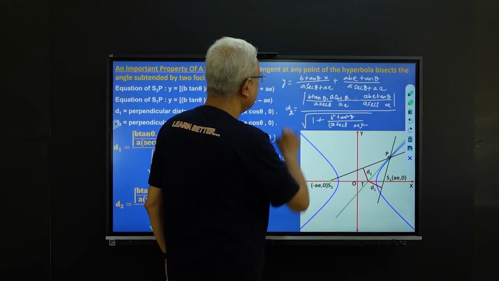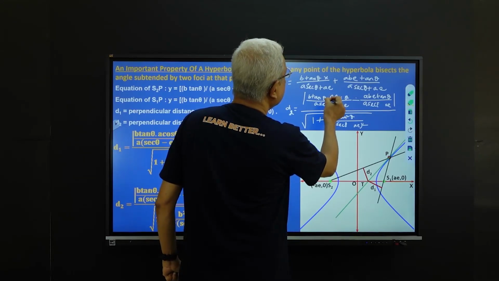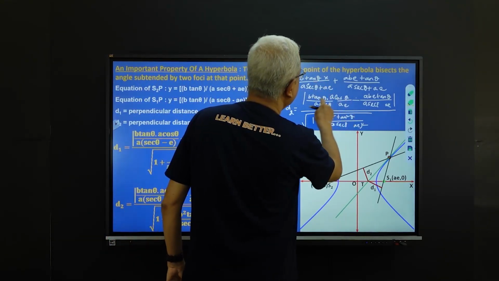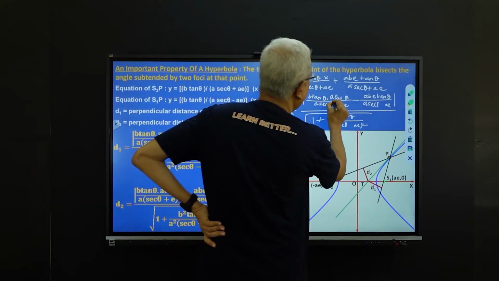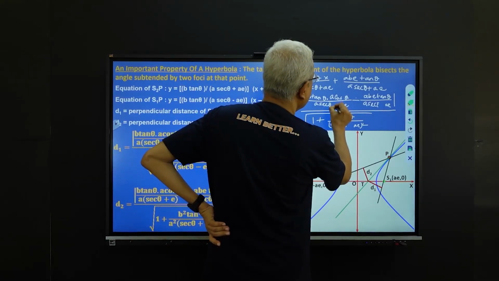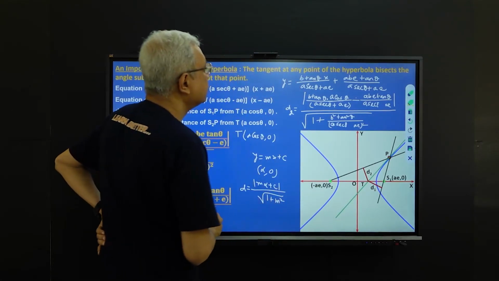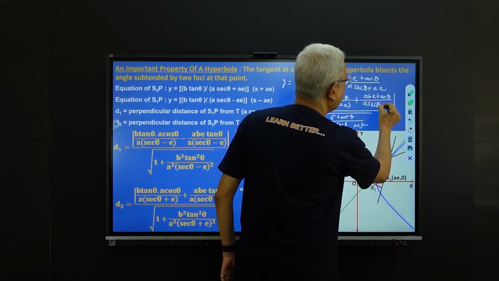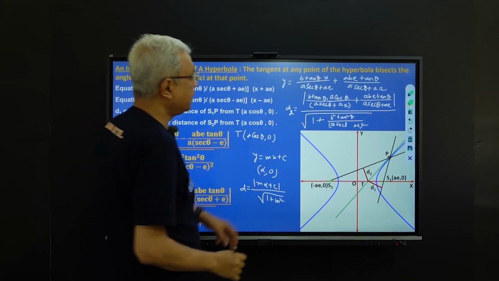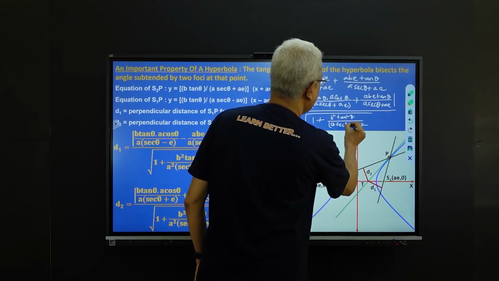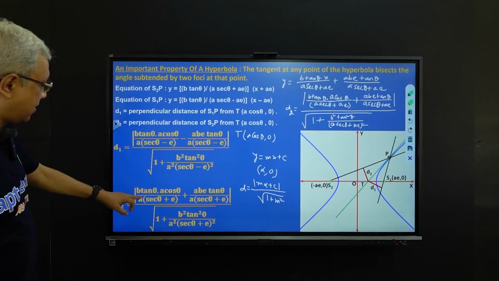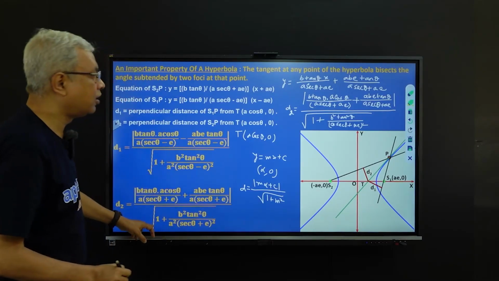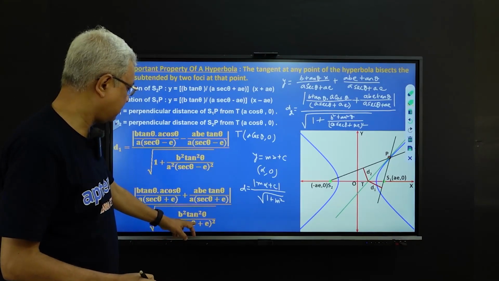The length of the perpendicular D2 will be mod of b tan theta into a cos theta by a sec theta plus a, plus a b e tan theta by a sec theta plus a, divided by root of 1 plus b square tan square theta by a sec theta plus a whole square.